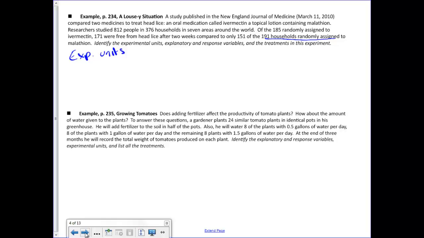So my experimental units are those households. We have explanatory variables and response variables. I usually like to start with the response. So what are we trying to measure? What do we want to know about these households?